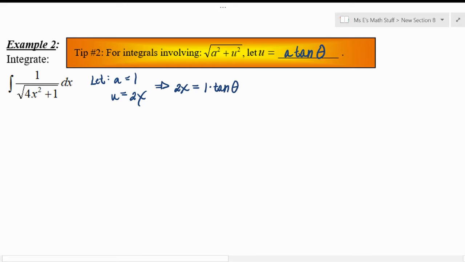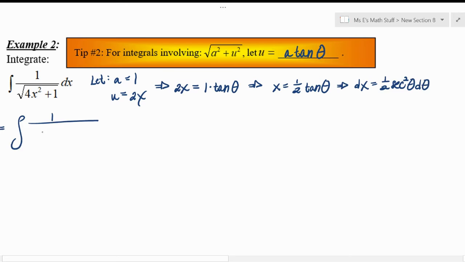And then if that's the case, then x would equal 1/2 tangent theta, and dx would equal the derivative of tangent, which is secant squared. There we go. Okay, so writing this integral in terms of theta, we'd have 1 over the square root of 4x squared.